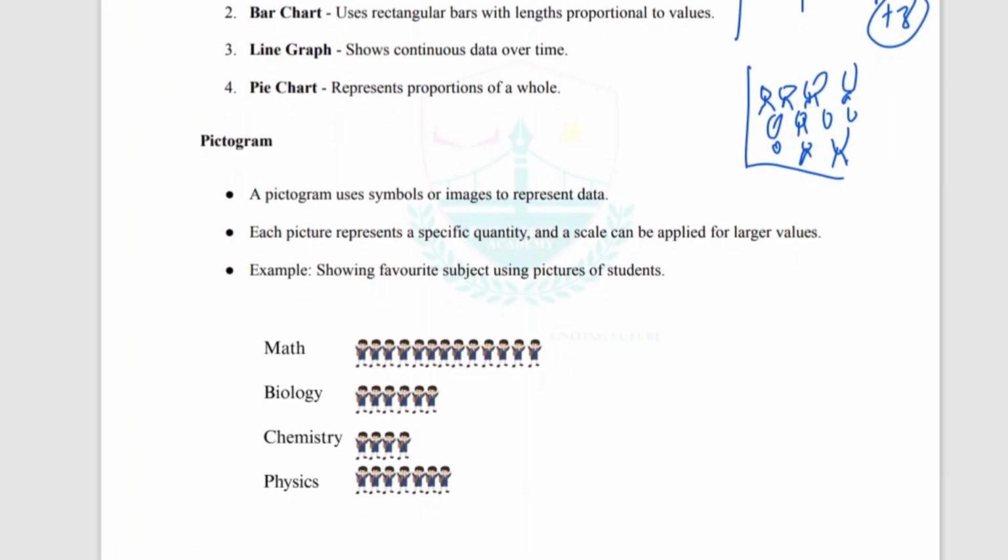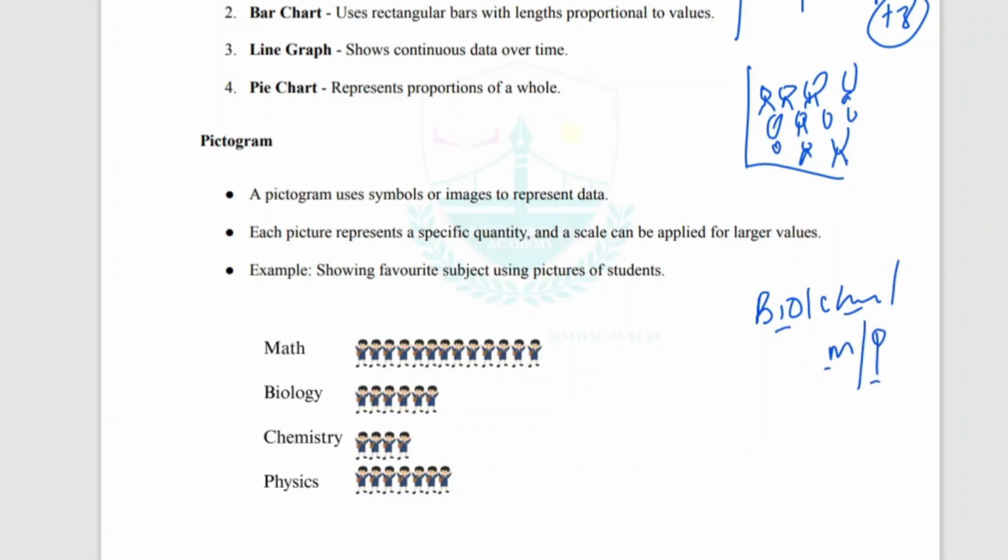For the pictogram, that's when we use pictures related to the data we are talking about. For this case, we were talking about students and the number of their favorite subjects: biology, chemistry, math, and physics.